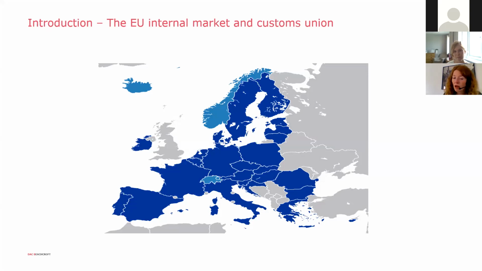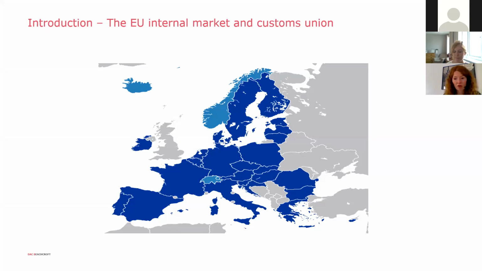And so the dark blue bits are the EU Customs Union. And as I said, wherever a good enters, it must be checked. But once it has entered one of these borderlines, then it can move freely. The light blue countries here, that's Norway, Liechtenstein, and Iceland, they do not participate in the customs union, but they are in the internal market. So once the good has entered this part here, then it can also freely move to these parts.